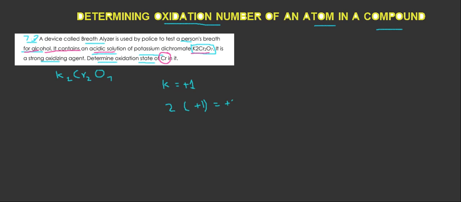So the oxidation state for one potassium atom is +1. Since we have 2 potassium atoms, we multiply 2 with +1, so it gives +2. Now, we have 7 oxygen atoms.